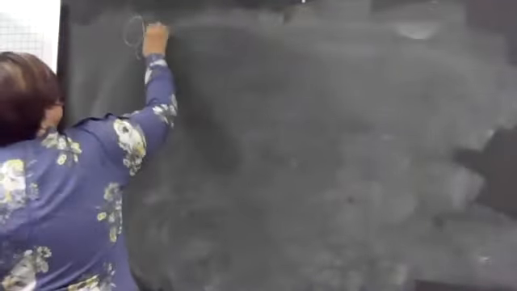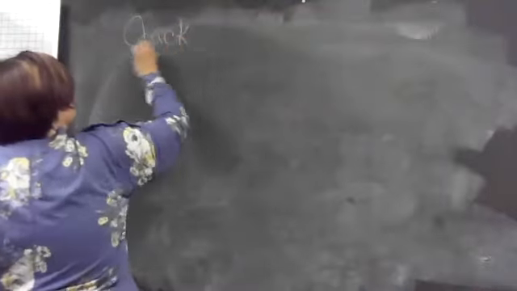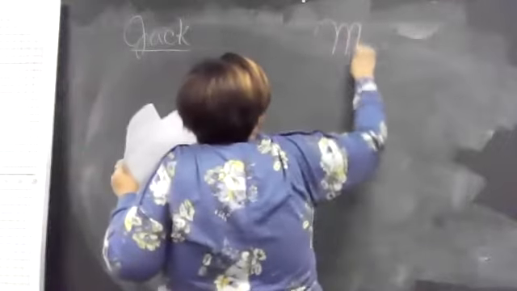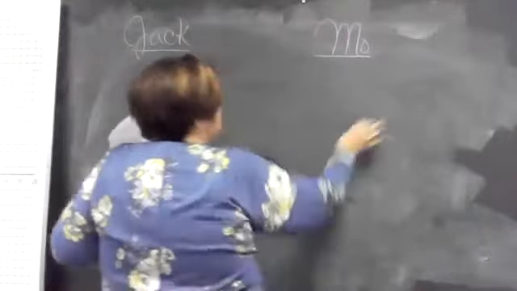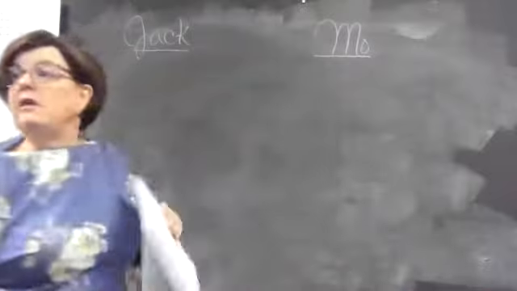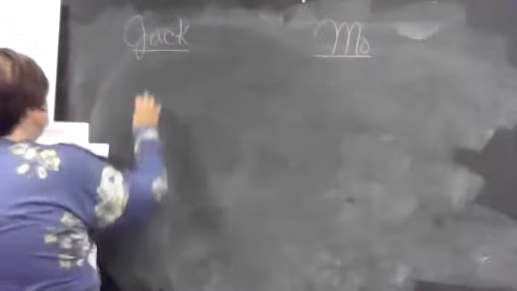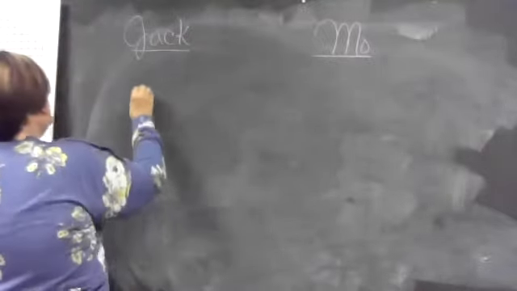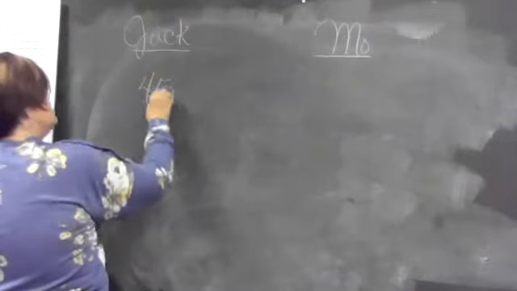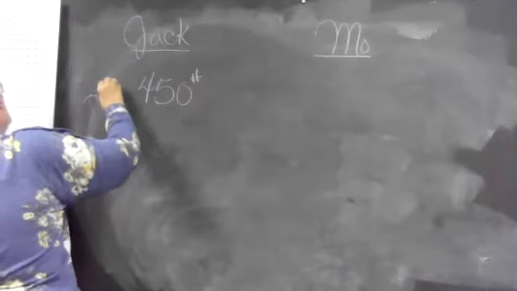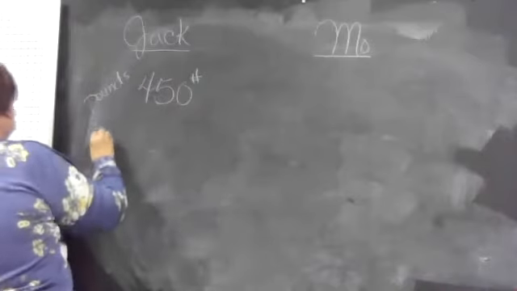So what we're going to do is take the information we know about Jack and figure out the unit cost, and then take the information we have about Mo, find his unit price, and compare those. The information they gave us about Jack is that it was 450 pounds and trees.